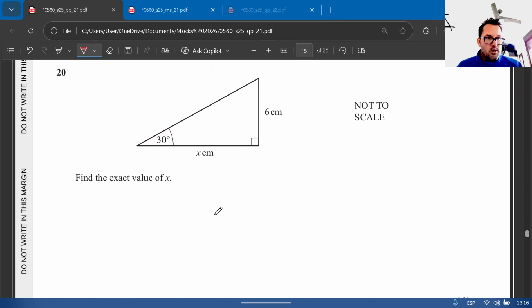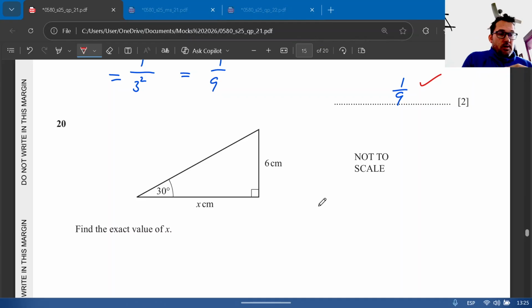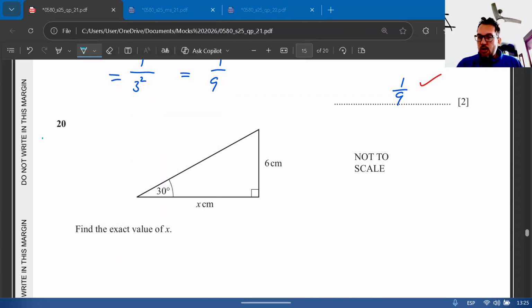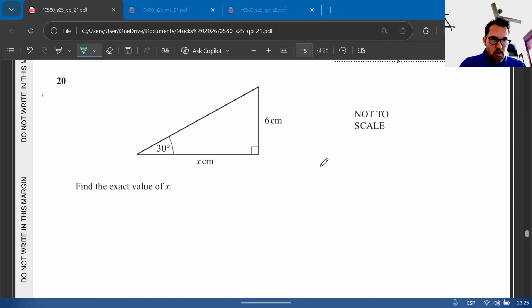Right, question 20. So with a bit of practice, of course, it's not too difficult to remember the trig ratios of the angles. Okay, so draw yourself a little table. Let's give ourselves some more space here.